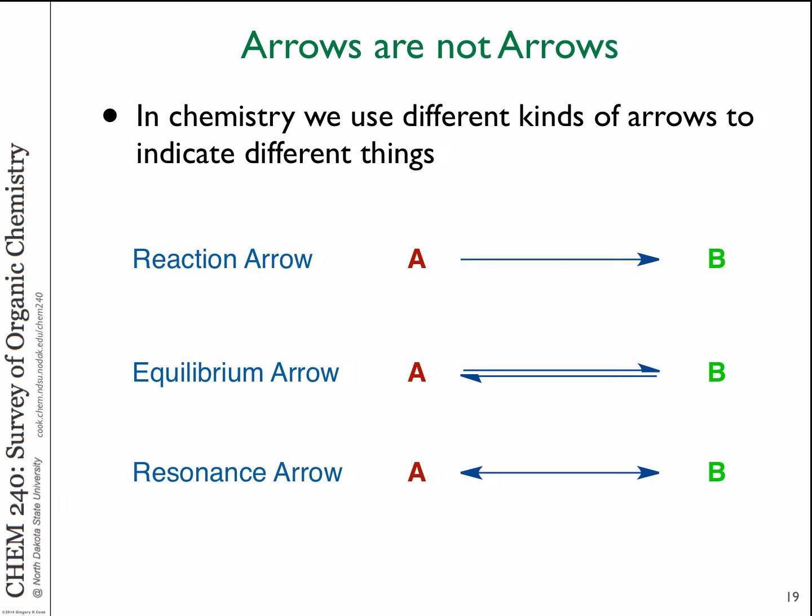You've seen, for example, an arrow from a reaction, where some molecule A or set of molecules undergoes a reaction and forms products B. A reaction arrow is a one-direction arrow from starting materials to products. We've seen that many, many times. In acid-base chemistry, we've been talking about equilibrium.